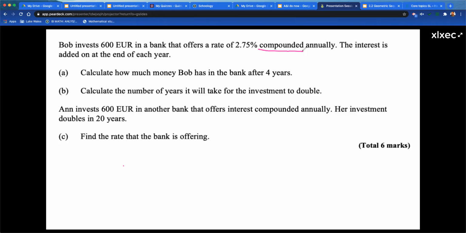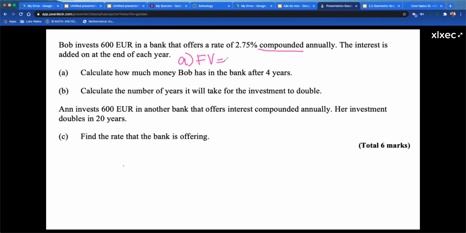Calculate how much money Bob has in the bank after 4 years. Well, if I'm trying to figure out how much he has after 4 years, what part of the compound interest formula am I looking for? The future value. So that means it's going to be FV equals, now I have to plug everything in.